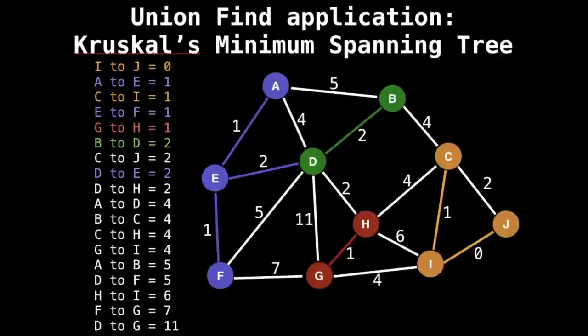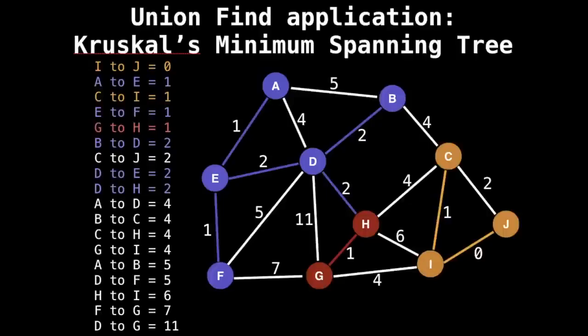Now we want to merge them together because they don't belong to the same group. Either the purple group is going to become the green group or the green group is going to become the purple group. It doesn't really matter. Now we would merge them, and this is when the union operation in our union find becomes useful. It allows us to merge groups of colors together very efficiently, and that's the important note.